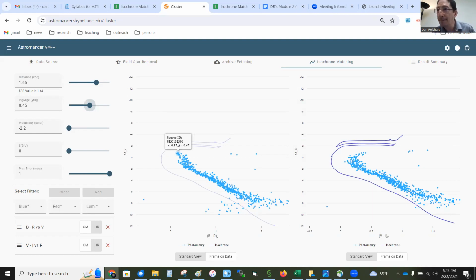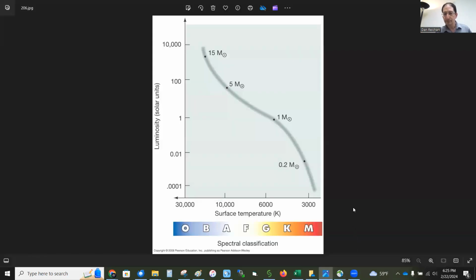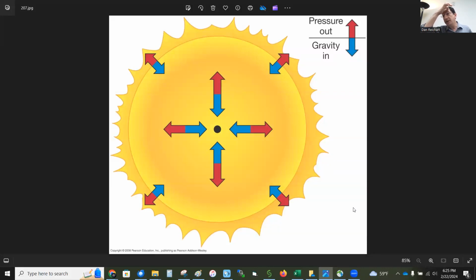So what's going on? Let's do some stellar physics. When on the main sequence, stars are in what we call hydrostatic equilibrium, HSE. They're balanced. Gravity is trying to squeeze them smaller, but because fusion is going on at the core, which we colloquially call burning, it pushes back. It's not burning like chemical burning, but we use the term.